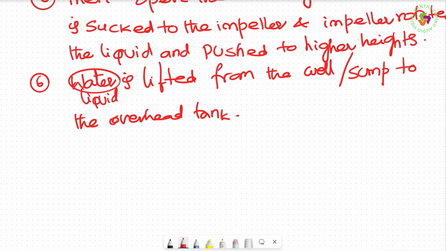Once more point, as I already mentioned, as the casing is a spiral casing, the casing also converts the velocity head into pressure head. Thereby, the water which comes out of the casing will have higher levels of pressure head.